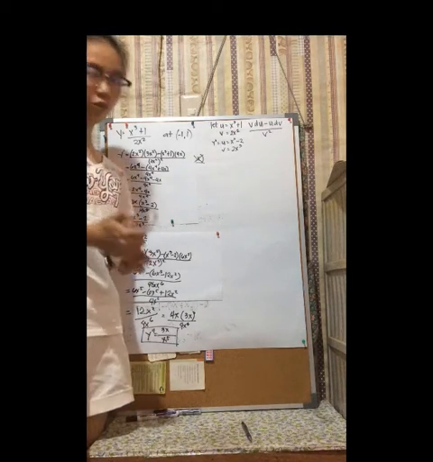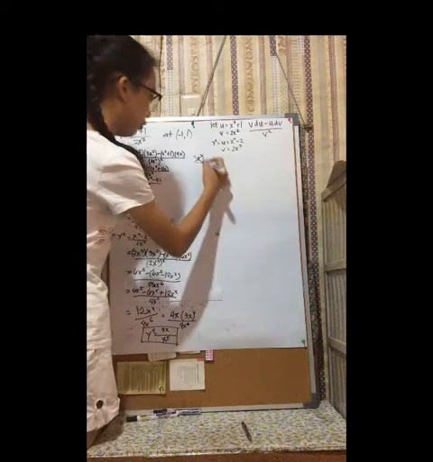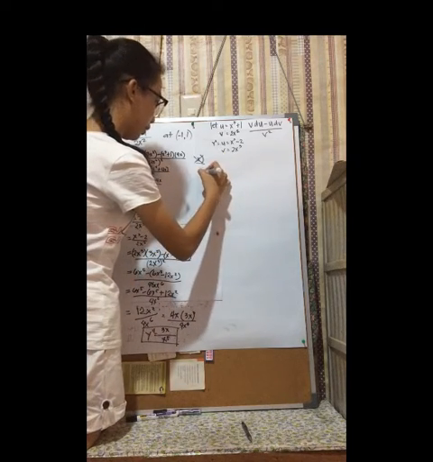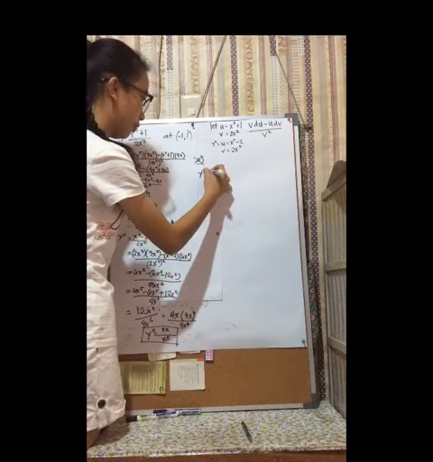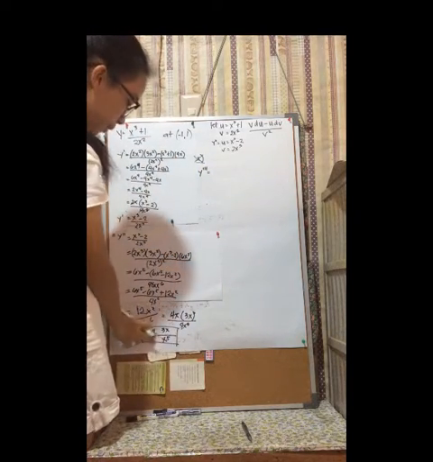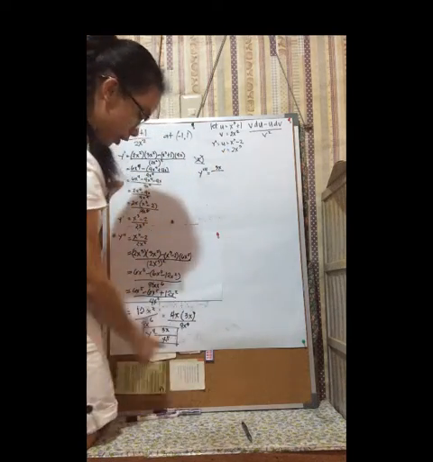We are going to move on to the third derivative. We need to copy this first: 3x over x to the 5th.